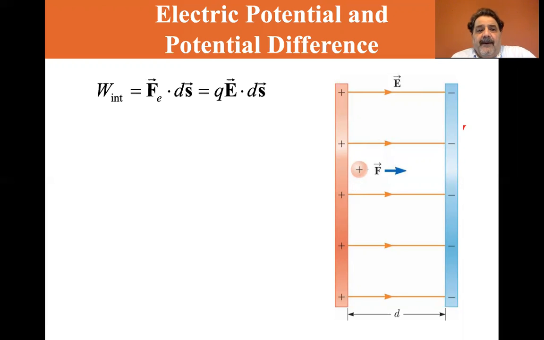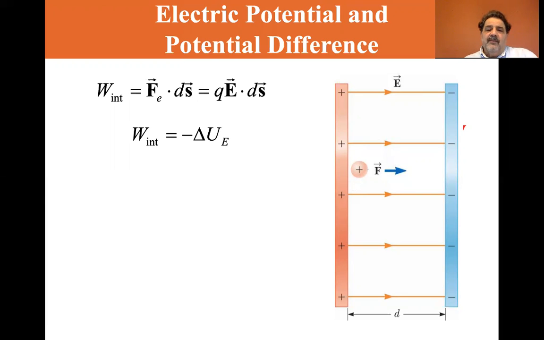So the work is equal to the electric force times ds, whatever length it moves. The electric force is equal to the charge q times the electric field. So it's the electric force times ds, which is QE dot ds.